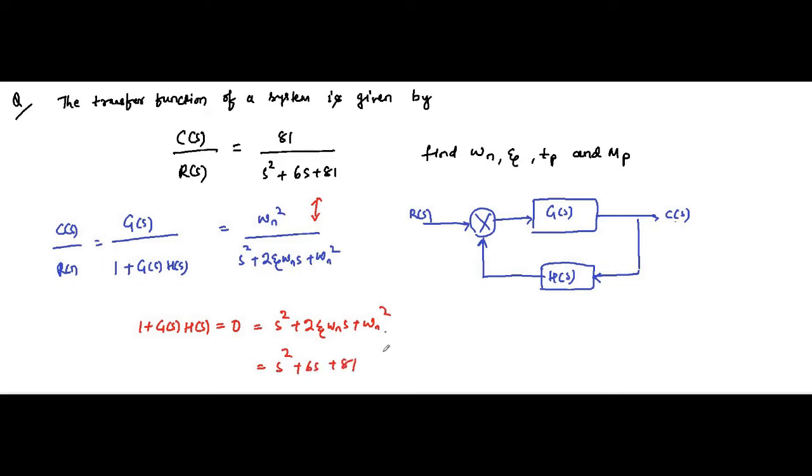If we compare these two, then we have omega n square equal to 81. That implies omega n is equal to plus 9 radians per second. This is the first parameter which we got, the undamped natural frequency.